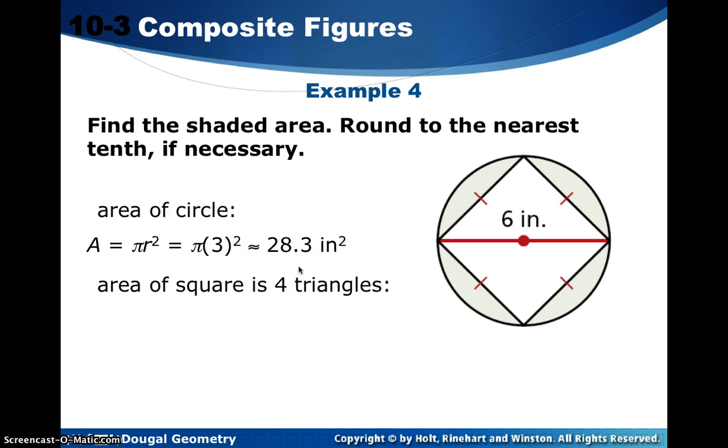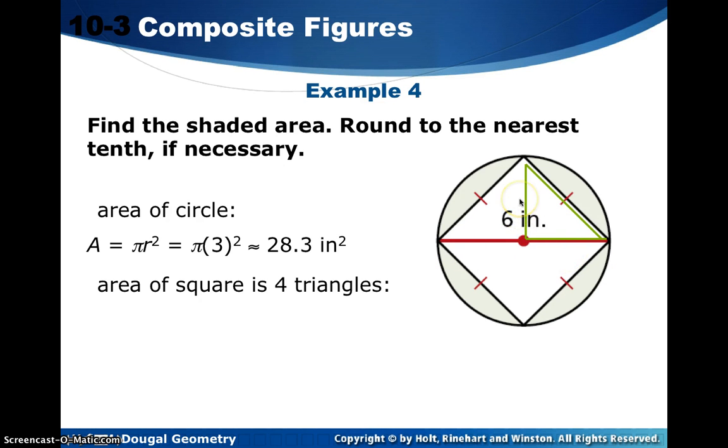Now to find the area of the square, it'd be helpful if you think of the square as triangles, because they don't give us the sides of the square, so we would have to use some trigonometry to find the sides. But we can also do this by just looking at one of these triangles. The area of the total square is going to be 4 of those triangles, because if this whole side is 6, this side must be 3.